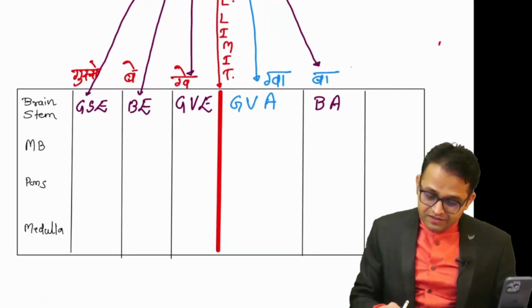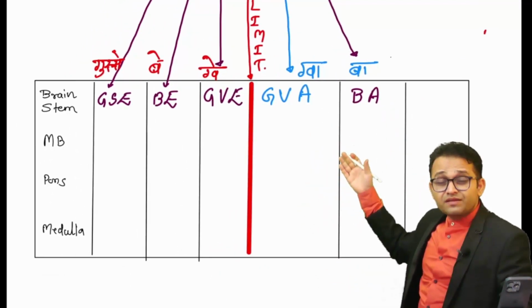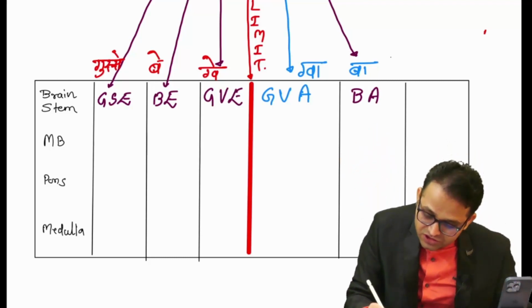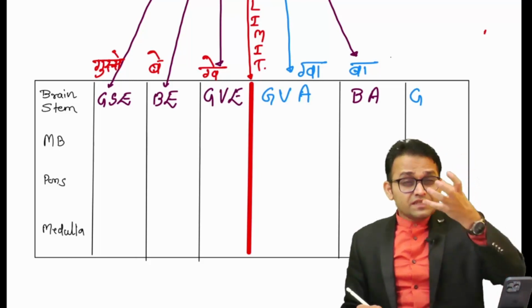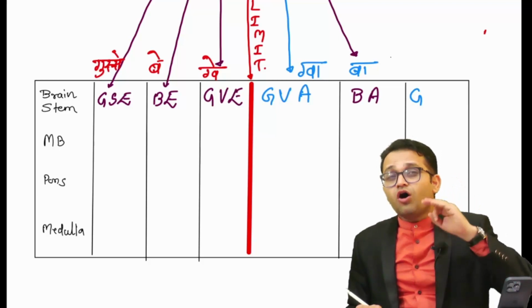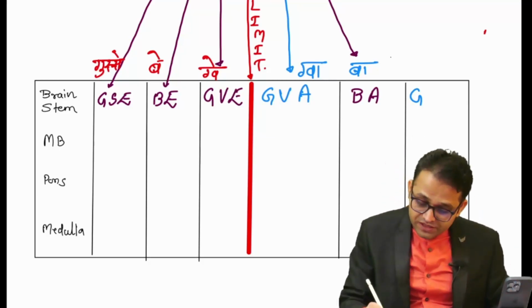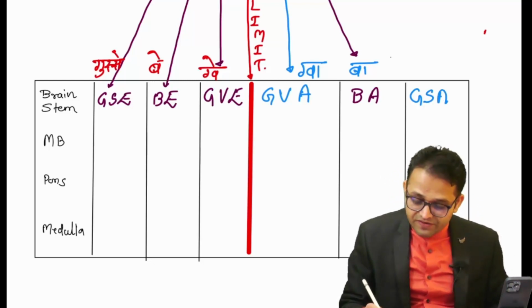Okay, and then you will use one more. It will supply the general structure. It will carry the sensation from the structures derived from the somites, also the ectodermal part. So you will say GS, general somatic, and definitely efferent.